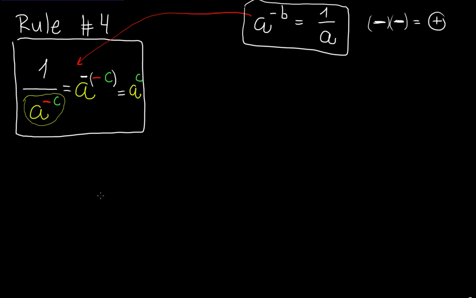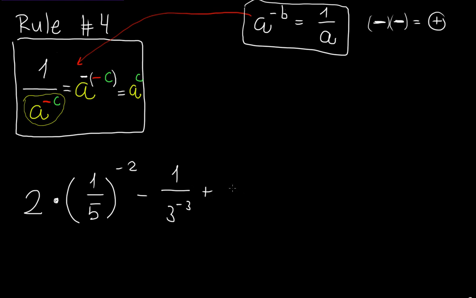And for a very tiny demonstration, in terms of fractions, let's go with 2 multiplied by 1 over 5, to the power of minus 2. Then minus 1 over 3 to the power of minus 3. I'm just making a final problem that combines all of our learned lessons in this video.